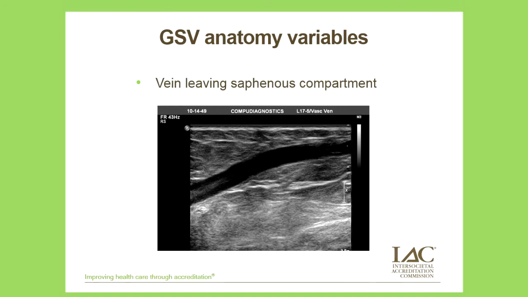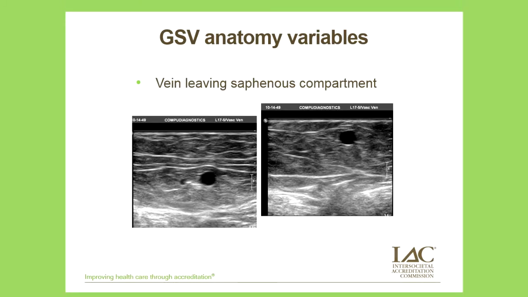One is about the great saphenous vein. That has the most variables in that we know it lies within fascia, but often it will come out of the fascia. And this is an example of it leaving the saphenous compartment. Earlier I encouraged you to always use the transverse method when we talk about the compartment or our anatomic survey.